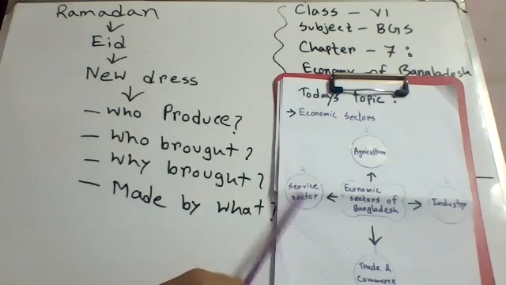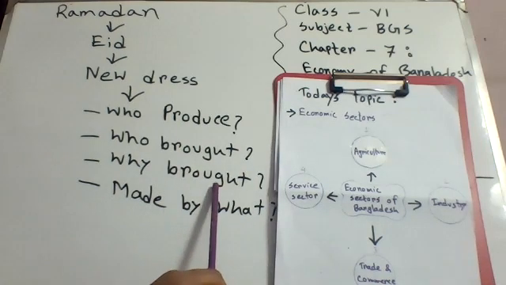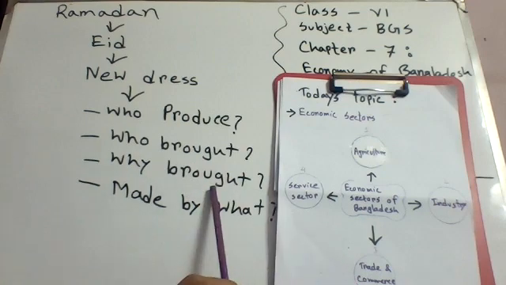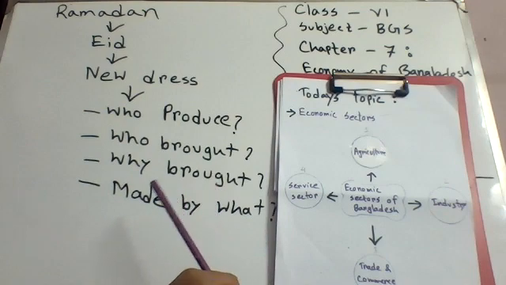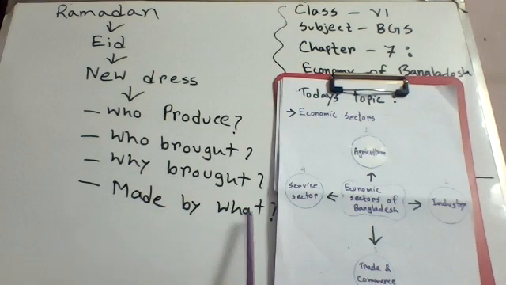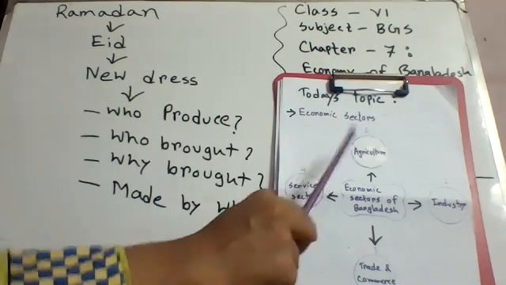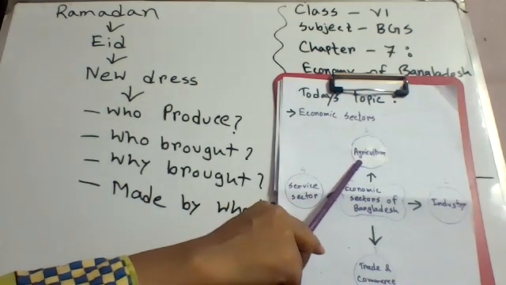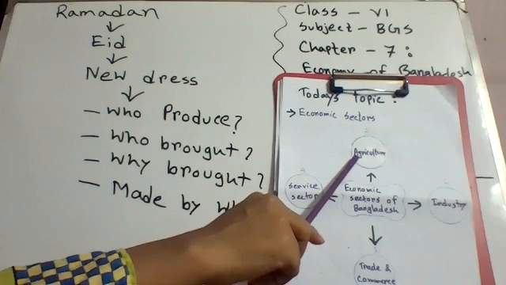Our third question was why the dress is brought. For trade and commerce, within country and outside of country the dresses were brought. At last our question was, our dress is made by what? The raw materials come from our agricultural sector.